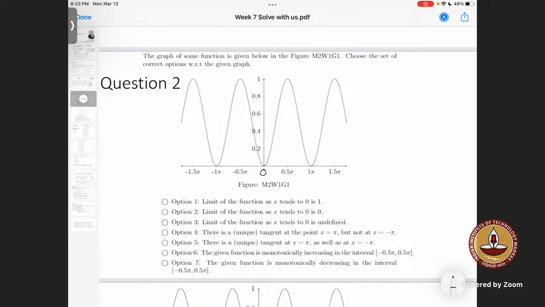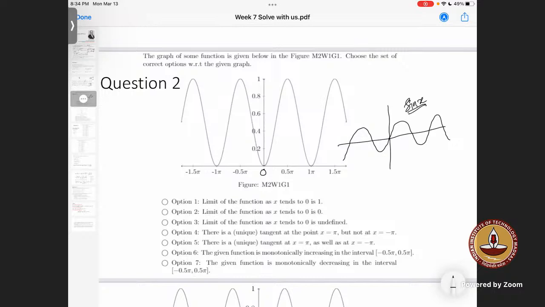Sir, this is not a sine graph. Yes, this is not a sine graph; it is sinusoidal. If it is something like this, then we can claim it's a sine graph, right? Yes, sir, this is passing through the origin. So let us not get into that.